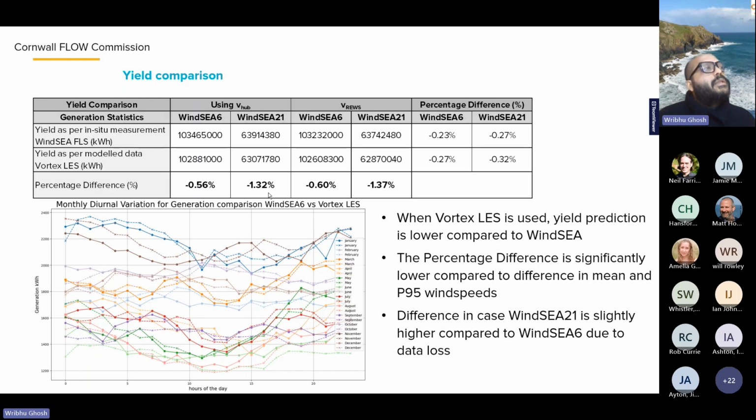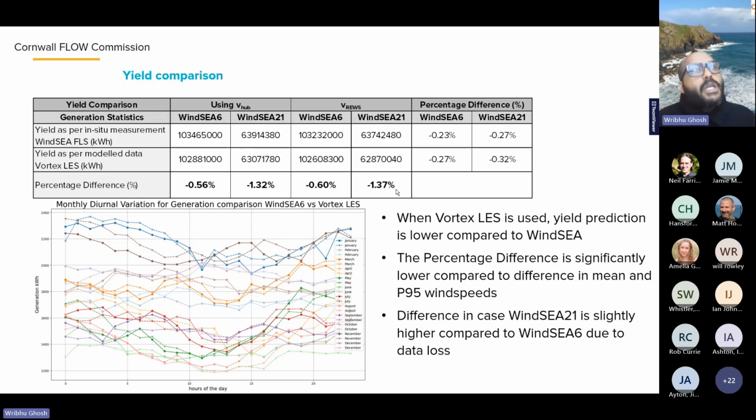Also, if you see WinC21, the underprediction is slightly higher compared to WinC6. Just to check that, we removed the data that's unavailable for WinC21 also from WinC6, that is between January and June. And when we computed that, the difference shot up to around 1.3, 1.4%, which gives us the confidence to say that this is probably higher because of the data loss.